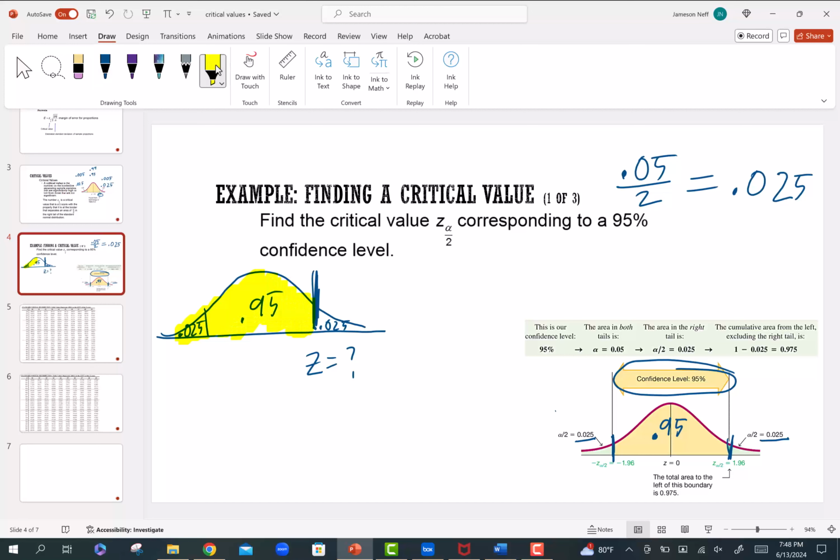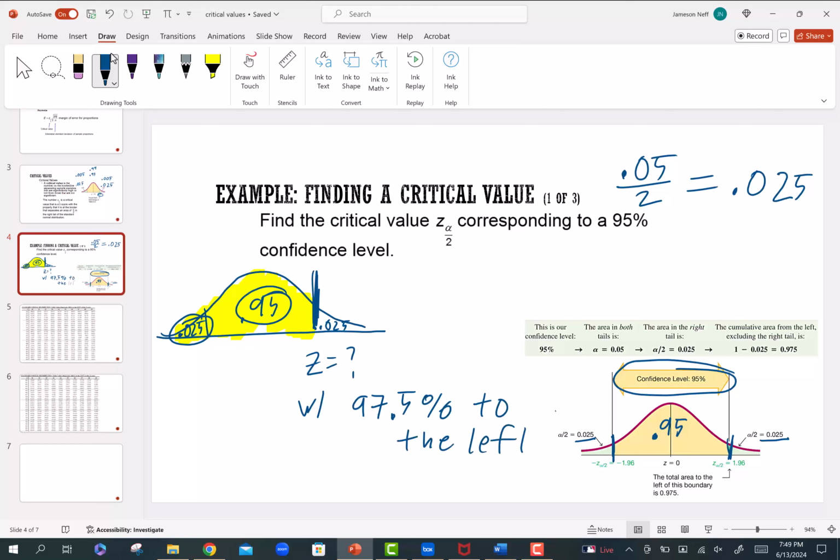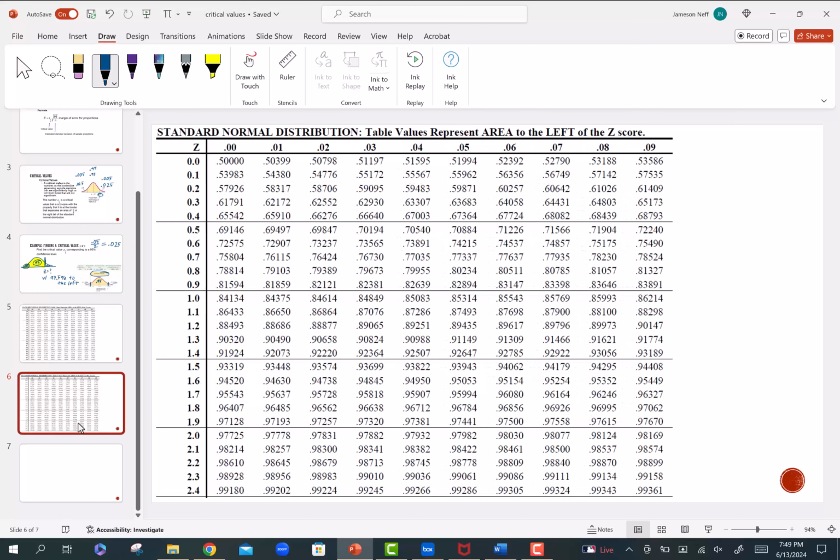Well, it's the z value that, now add these together, with 95% and then another 2.5% right there. So a z value with 97.5% to the left. All right, so I want to look at the positive side.